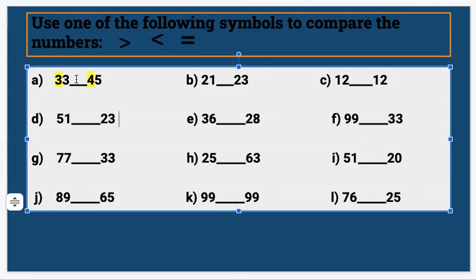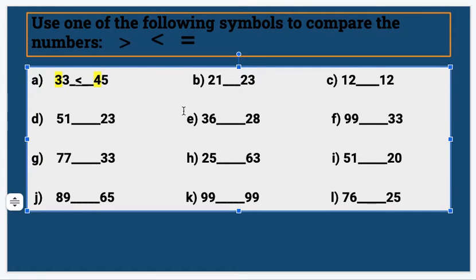In this case, I'm going to put the math symbol. 33 is a smaller number, so make sure the small pointy end faces the small number. So 33 is less than 45. The small pointy end faces the small number and the open end faces the 45, the big number.